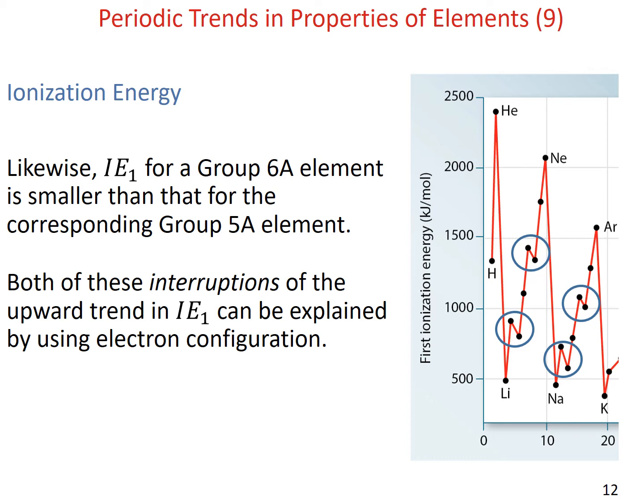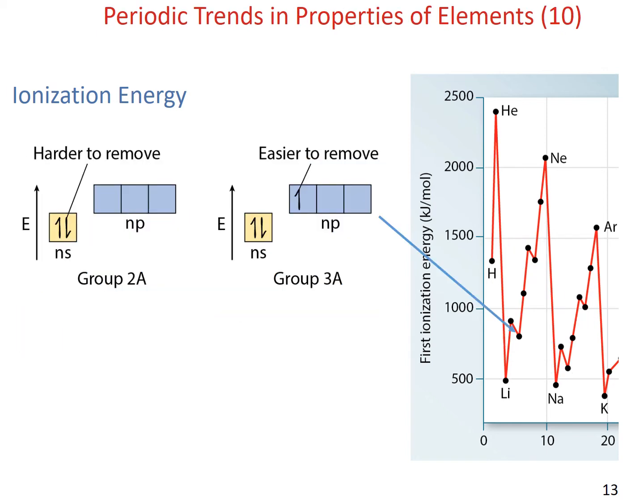We can actually, like I said, take a look at why this is occurring based on those electron configurations. So let's take a look at that first example. We have a group 2A versus a group 3A. These are the ground state electron configurations for group 2A and group 3A. In group 2A, if you are going to undergo ionization, you are removing an electron from the s orbital.